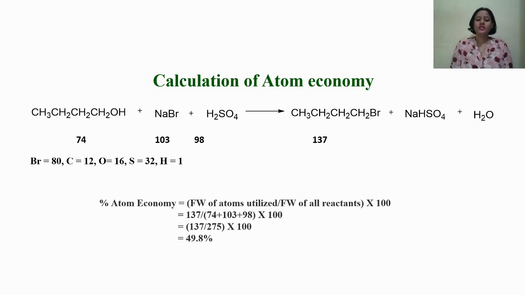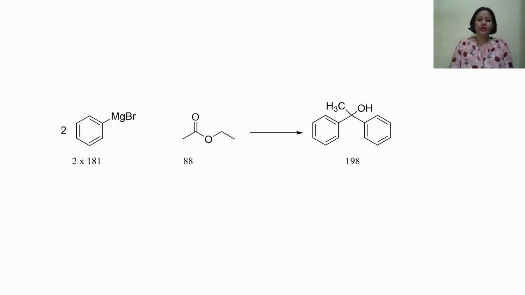So now it is clear how we can calculate the atom economy of a reaction if we know the formula weight of the reactants and the desired product. Now let us take another example. This is a Grignard reaction. Here the Grignard reagent phenyl magnesium bromide is reacting with an ester to form a tertiary alcohol. The desired product has molecular weight 198 and the reactants have molecular weights 181 and 88.